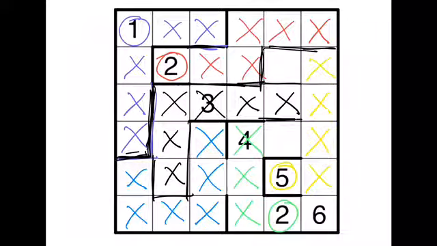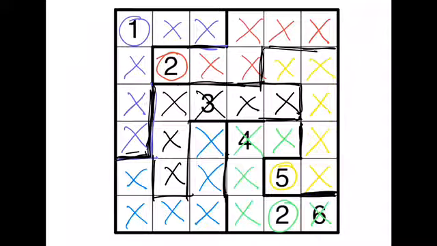That's the only way. Therefore, this is a yellow, and finally, the green is complete. So now the part that consists in identifying the regions is complete.